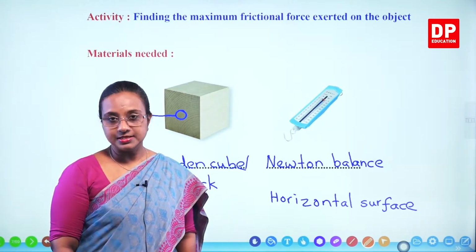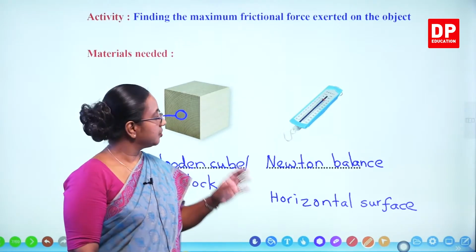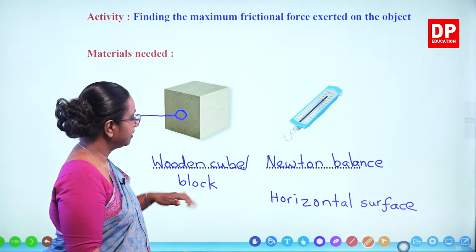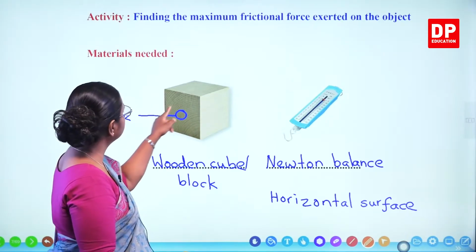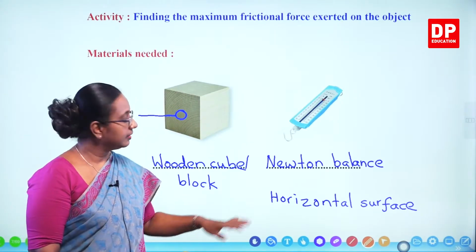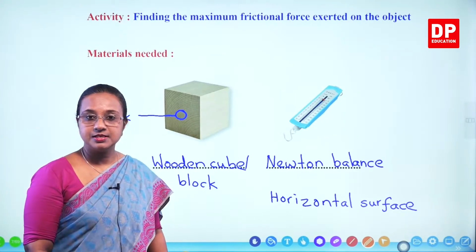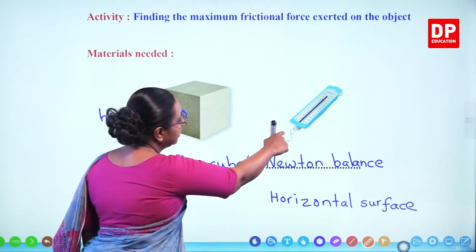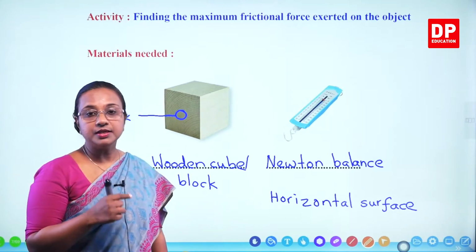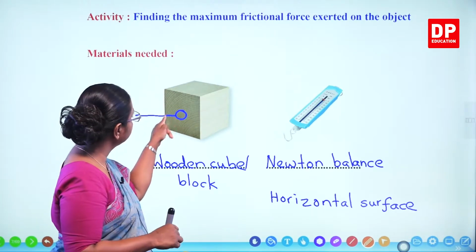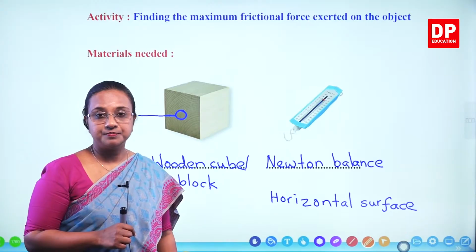Either balance is okay. So what we will be doing is, we will first fix the hook to the wooden block. Then we place the block on a horizontal surface. And then we connect this hook of the Newton balance to the hook attached here.